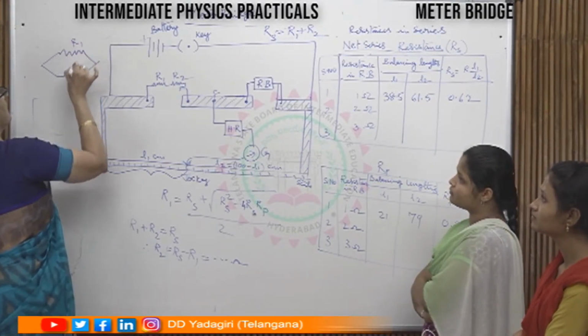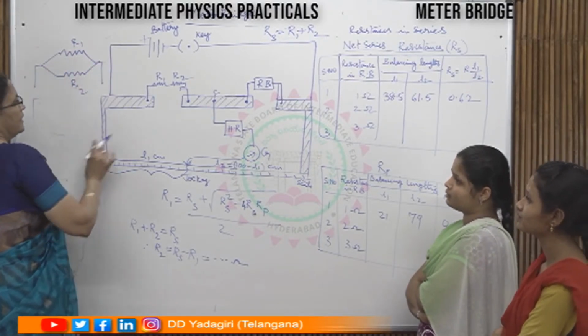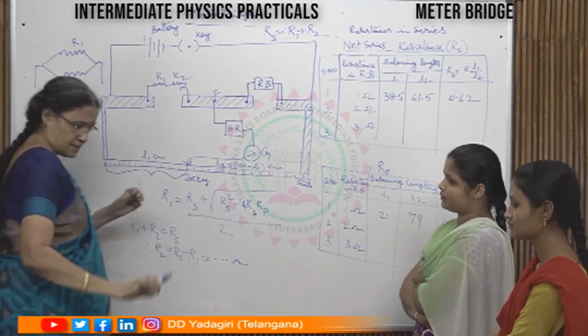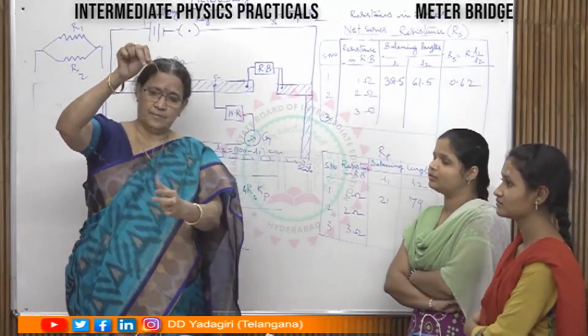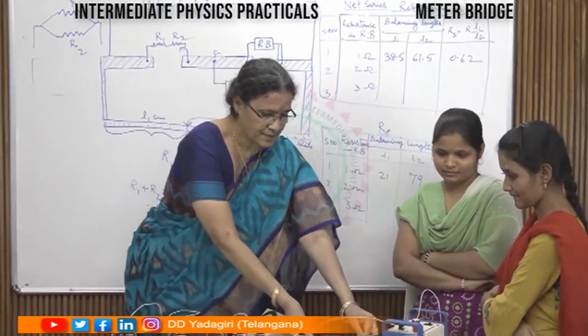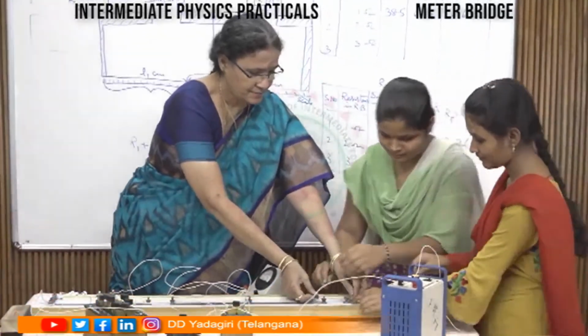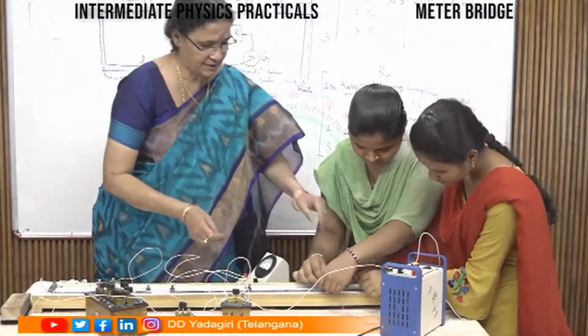This is R1, this is R2. So one end here, the other end here, like this. So this is how I'm connecting. This way you connect them together.